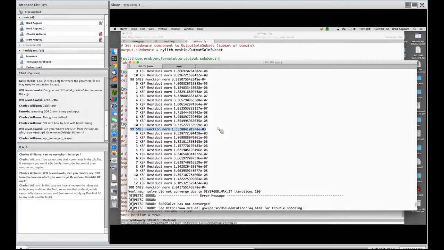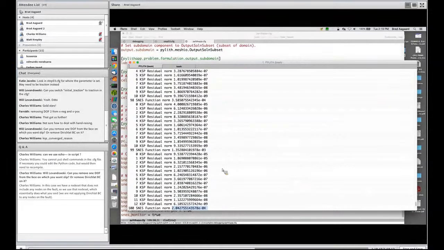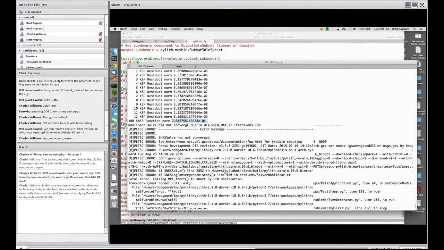You'll notice that even my previous iteration is actually smaller, so my solution is actually diverging or oscillating around. You'll see here I was down to 2 times 10 to the minus 4 at the 100th iteration. But clearly it's not being reduced, it's not converging. So I'm doing something wrong.